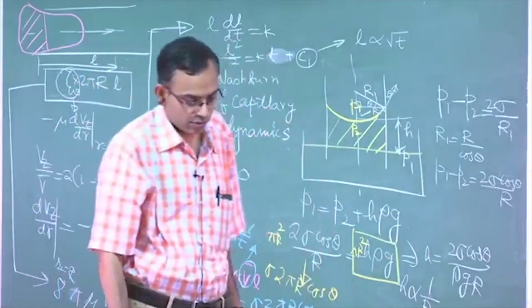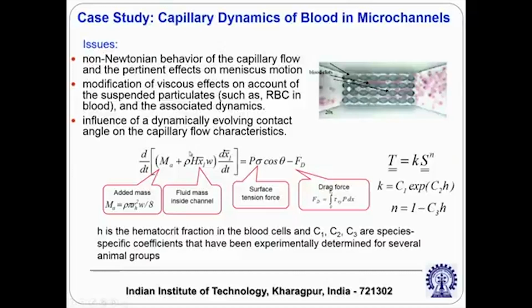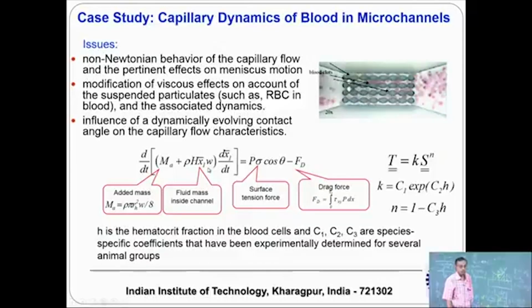On top of the added mass you have the mass within the capillary. So this total mass, d/dt of mv, is the resultant force.